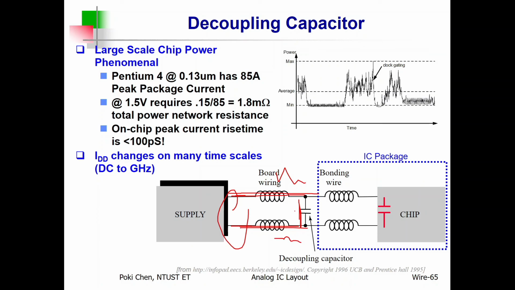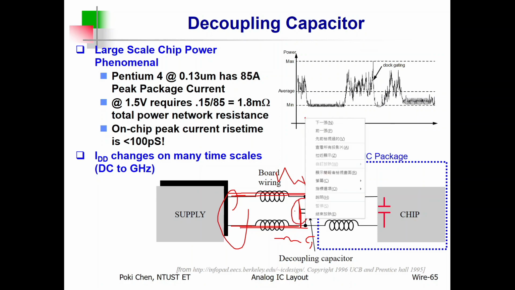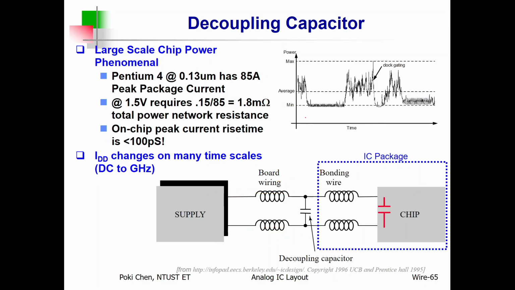What can you do to stabilize the off-chip VDD and the ground just outside of your chip? How to stabilize it? With off-chip decoupling capacitors. Then even if you stabilize the off-chip VDD and ground, as I mentioned, the parasitic inductance of the bonding wire will also destroy the on-chip VDD and ground.